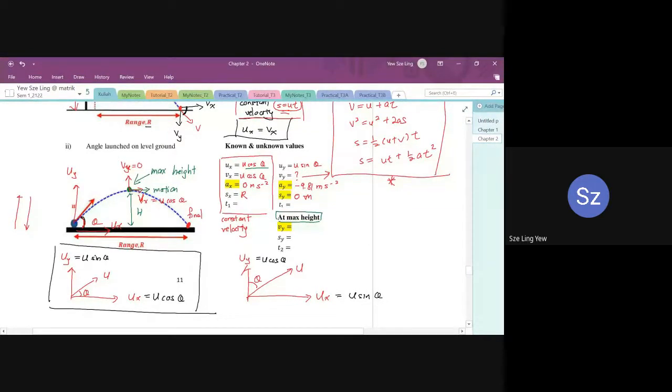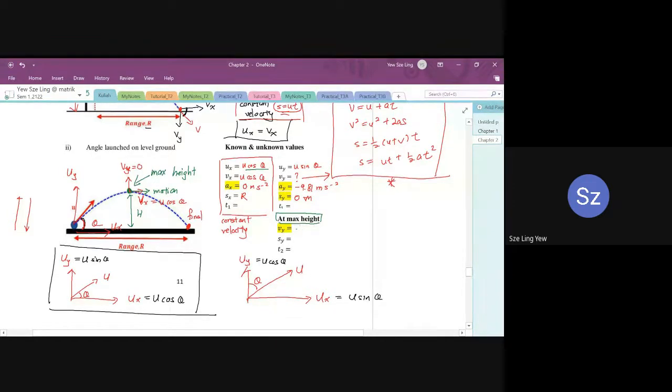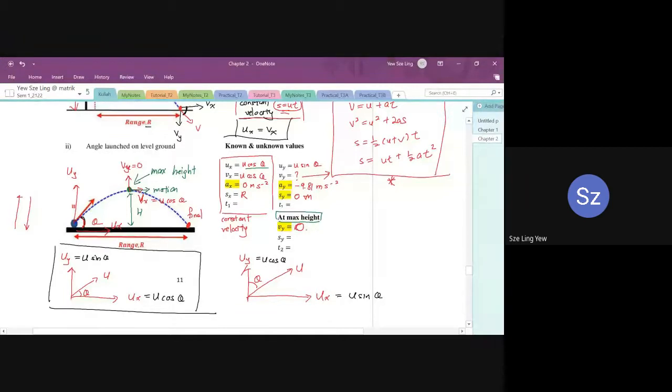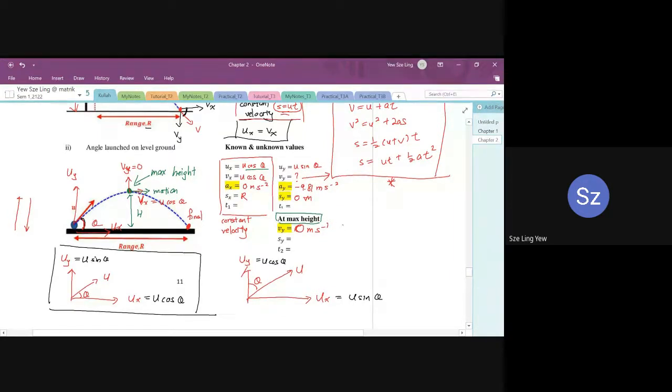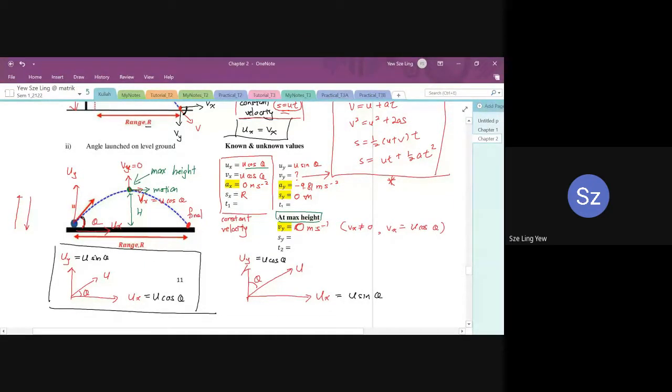Vx is equal to u cos theta. Vy is equal to 0 because the direction of motion is now lying on the x component. So at maximum height, we say vy is equal to 0 m/s. But your vx is a non-zero value. Vx is not zero. Vx is equal to u cos theta. This is only for maximum height.